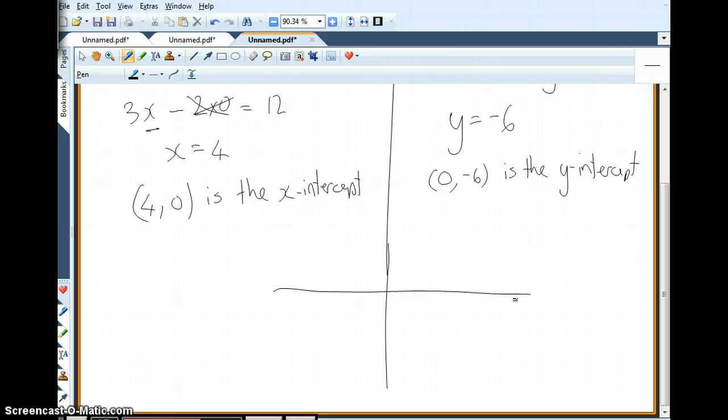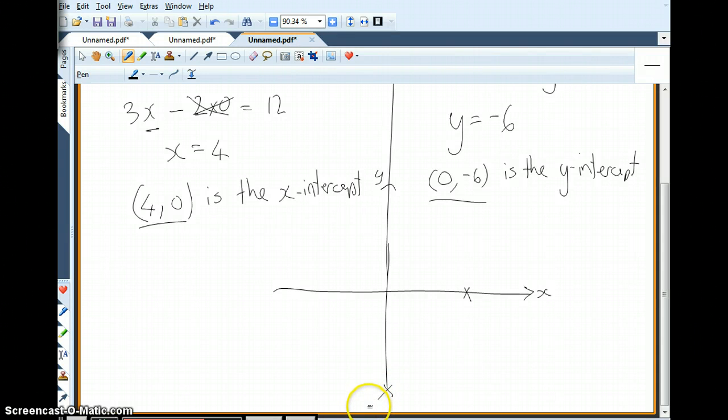And then plot those 2 points. 4, 0 goes here. That point there is 4, 0 on the x-axis. Here's the y-axis. And then 0, minus 6. Don't go anywhere in the horizontal, but come down minus 6 on the y-axis. Plot 2 points.